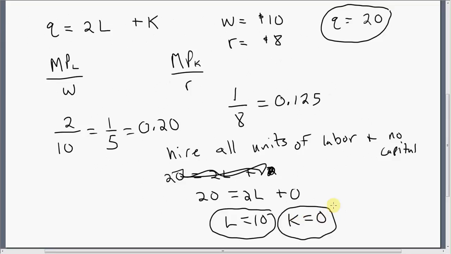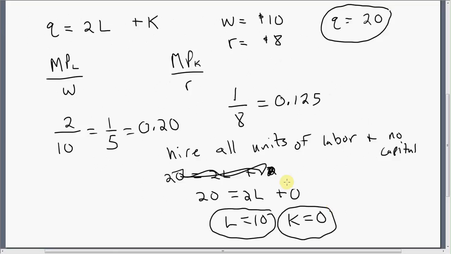So that is our optimal input mix, and how to solve it when you're dealing with perfect substitutes. Again, calculate those bang for the buck measurements, the marginal product divided by the respective price for that input, and find which one is giving you the most output for your money.